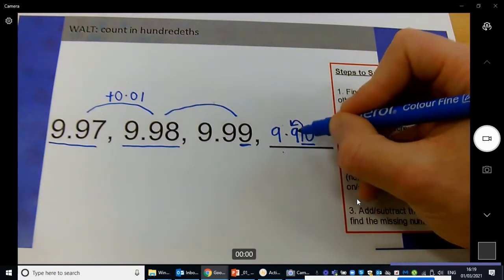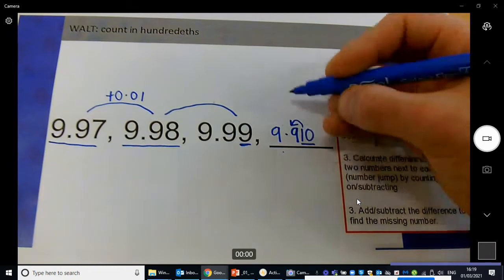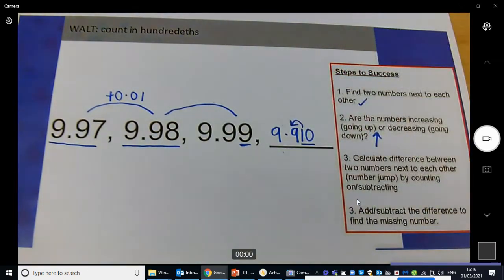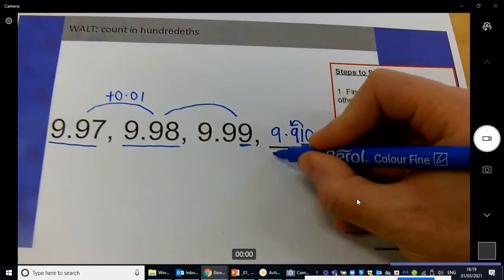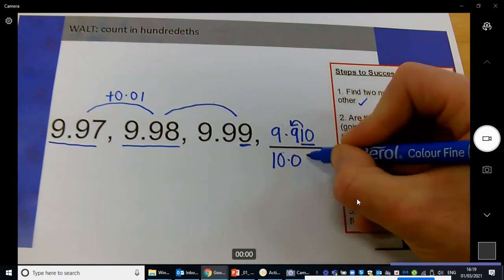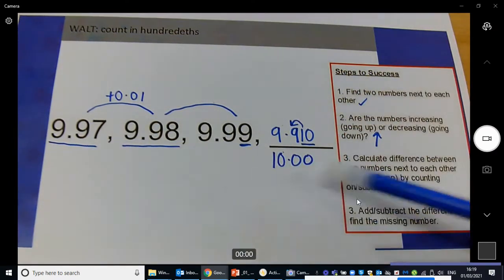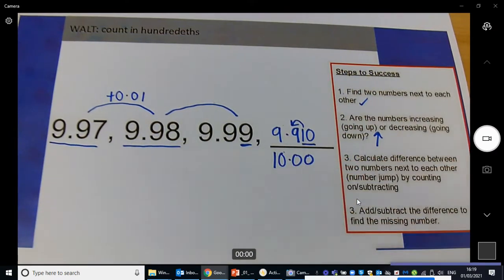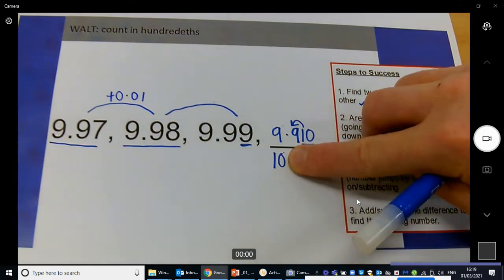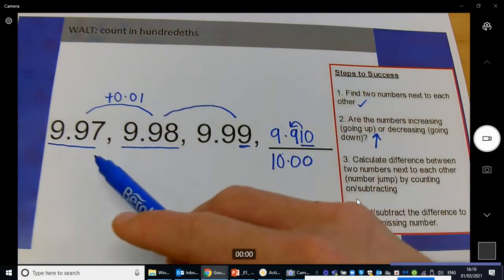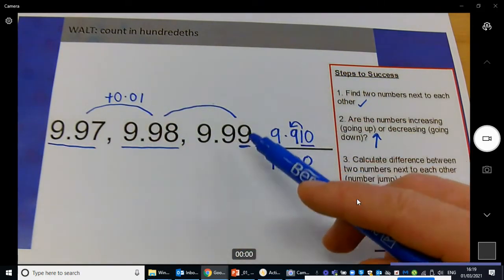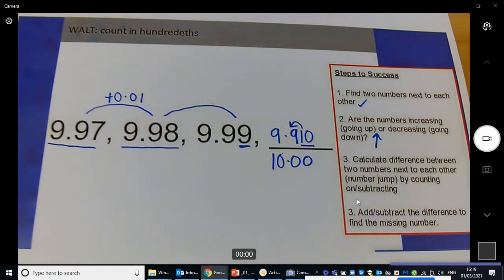But of course, then we can't have 10 tenths, so we're going to have to regroup again into the ones. So the correct answer should be 10.00 or just 10. Because if we've got nothing behind the decimal point, we don't actually need to write that. We can just write the number 10. So 9.97, 9.98, 9.99, 10.